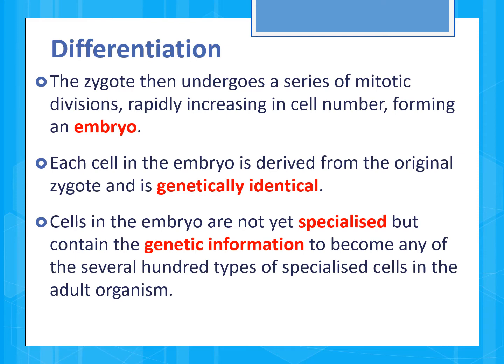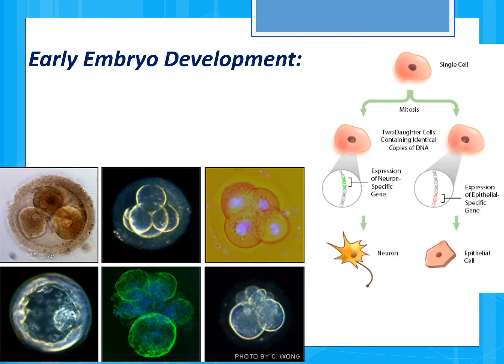The cells in that embryo aren't specialized. They have all of the genetic information, and they have the potential to become any cell type, so we call them stem cells. What tells them to become a skin cell or a neuron or a blood cell is the genes that are expressed and the genes that are silenced.